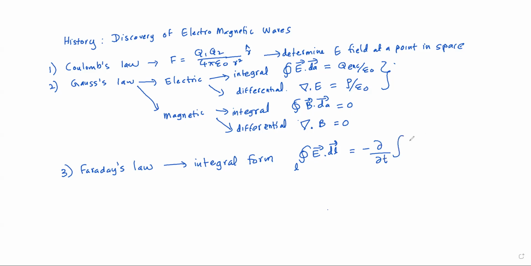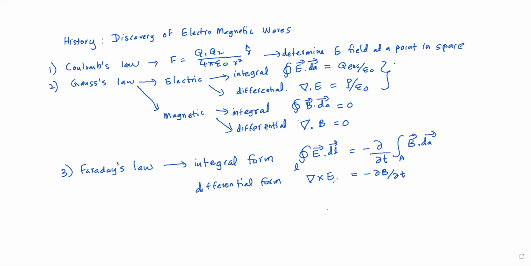We can write it in both integral form and differential form. The curl of the electric field is equal to the rate of change of magnetic flux per unit time through the loop.